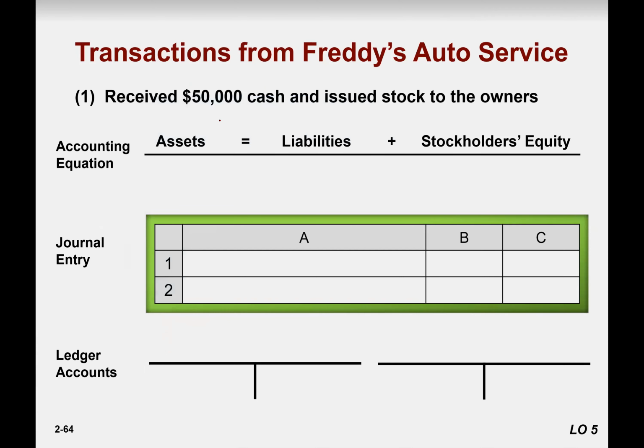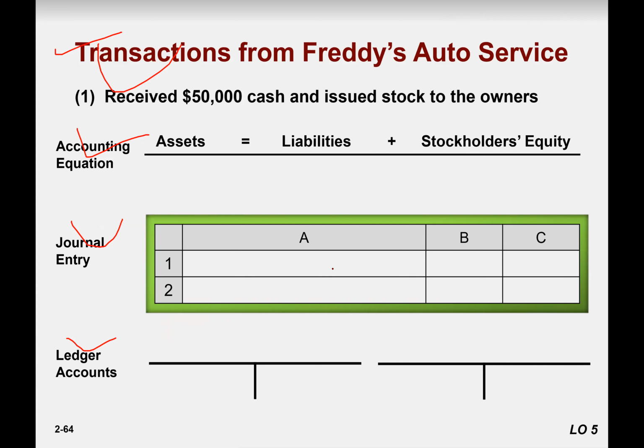So let's talk about the transaction here, right? We are going to analyze it with respect to the accounting equation and journal entry. When we journalize the transaction, we are also going to post it. Then you will realize that the accounting equation is a little bit different than the double entry system, but the logic is the same, right? So let's just talk about it.